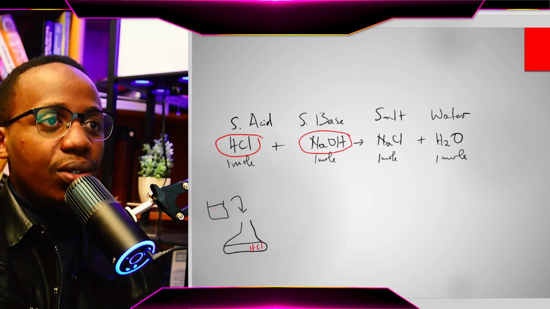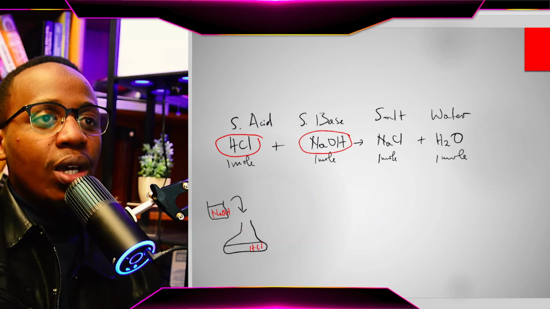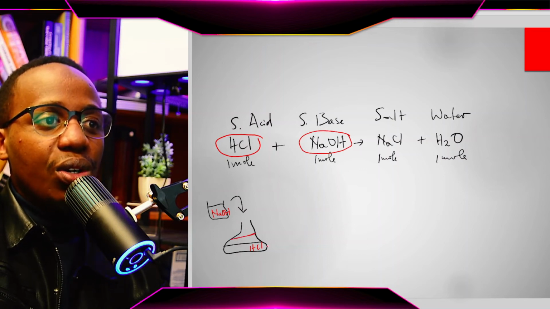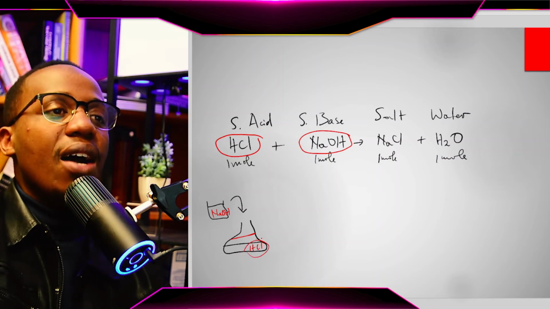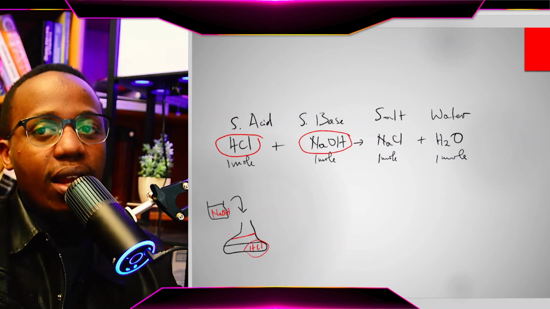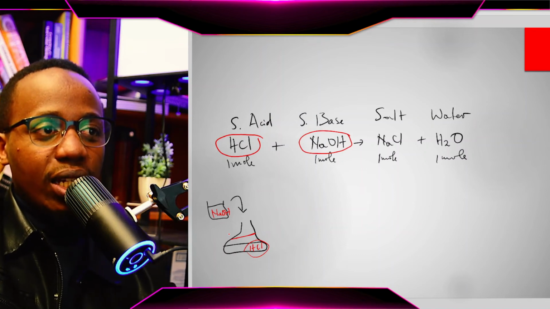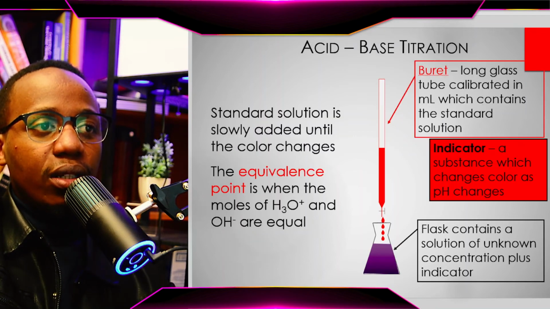We add a known concentration of NaOH, but in the end, we're going to neutralize this, right? We're going to neutralize this. Even though we don't know the concentration of this, we're going to neutralize it. And we have things that we call indicators to tell whether or not we reached the neutral point. We call this the equivalence point.